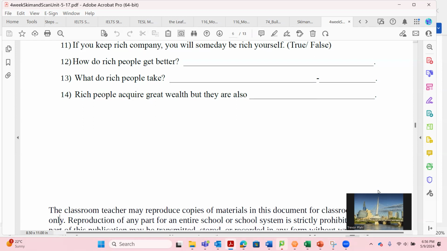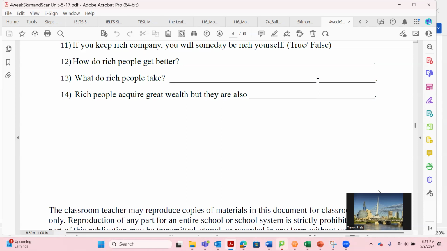So if you said persistent, that's okay. Or if you said learning from mistakes, that's okay. If you use the word persistent, then it would be okay.